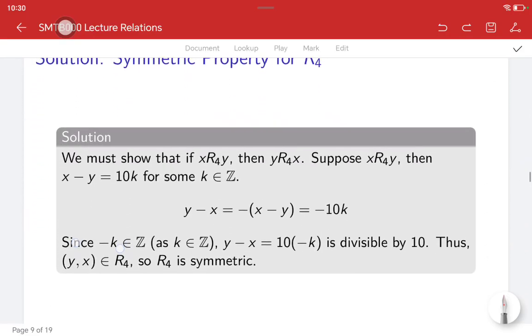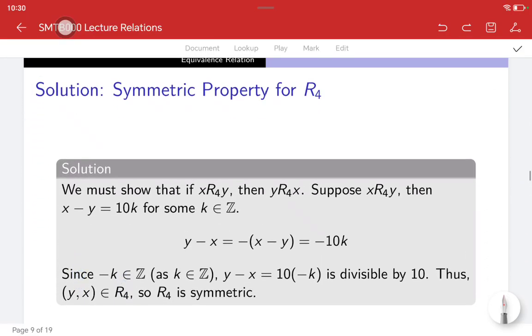Now, when we come to this one, we must show symmetric.